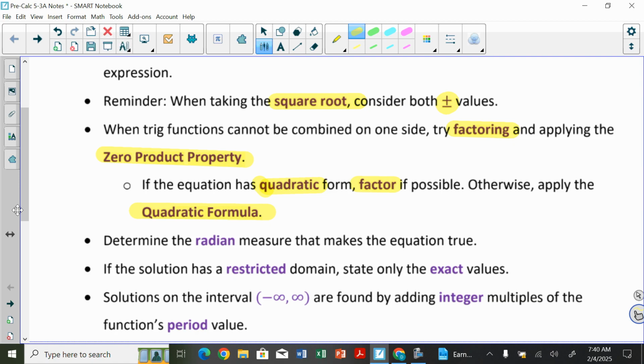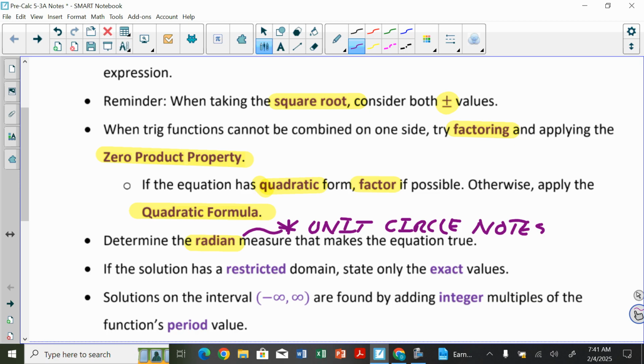And then once you've got your answer, we look at our radians and find the radian measure. So you might need your unit circle notes here to help you get those values if you haven't memorized them yet.